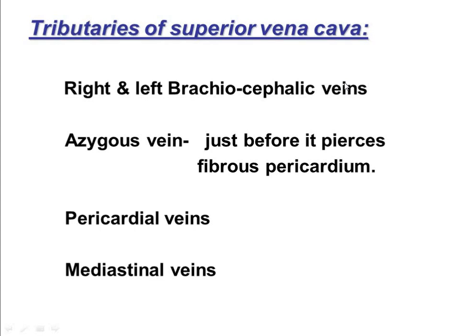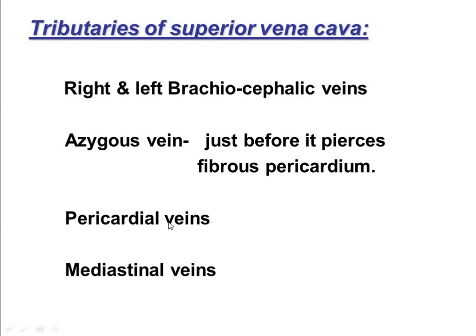What are we going to do? Tributaries of the superior vena cava. It's going to be formed by the joining of the right and the left brachiocephalic veins. Then the azygous vein enters into the superior vena cava just before it pierces the fibrous pericardium.